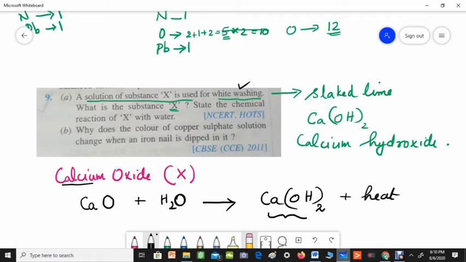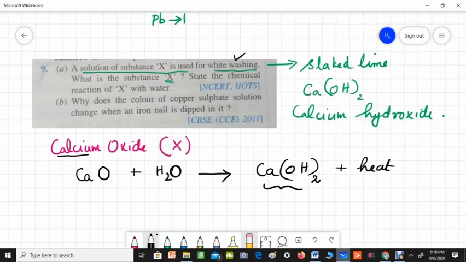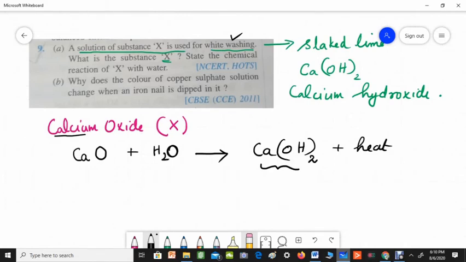Now, the second part of the question is, why does the color of copper sulfate solution change when an iron nail is dipped in it? Copper sulfate solution, the formula is CuSO4.